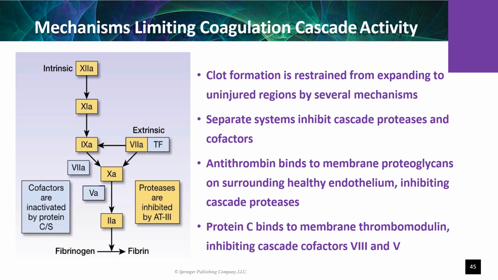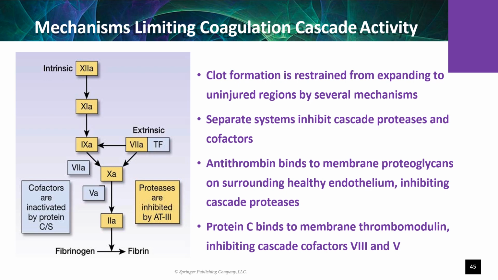The inhibition of clotting is critical once a clot has formed, to prevent extension of this process to adjacent healthy regions of vasculature. There are two main systems in place to inhibit the coagulation proteases. One is in yellow and the other, the cofactors, is in blue.